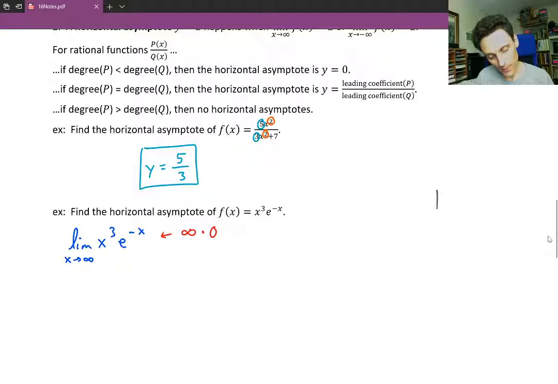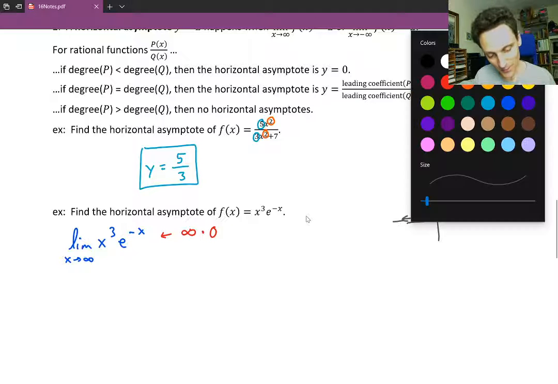Just to remember what e to the x looks like, it looks like this, and it has a horizontal asymptote y equals 0. So as x approaches positive infinity, negative x approaches negative infinity, and e to the negative infinity is going to approach 0. So we have an infinity times 0, which is an indeterminate form.